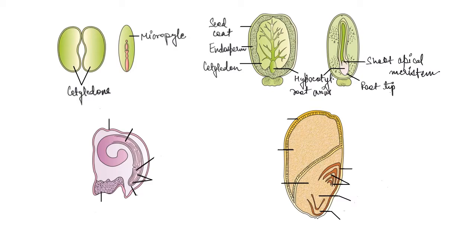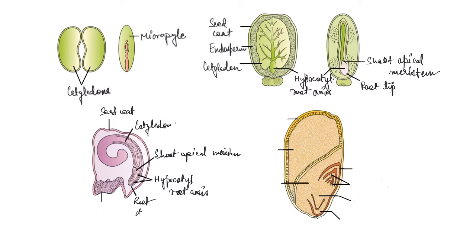We'll see another diagram wherein again this is the seed coat, this is the cotyledon, this is the shoot apical meristem, this is the hypocotyl root axis, and this is the root tip.